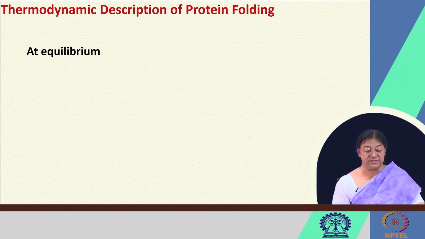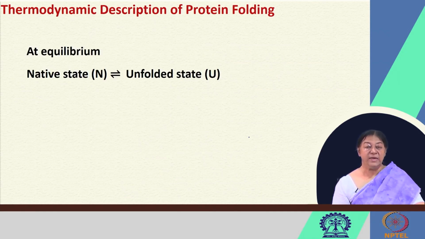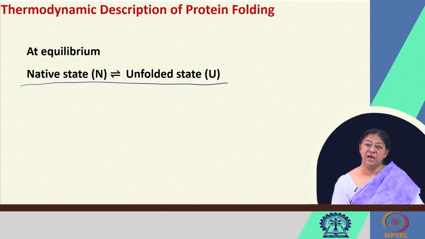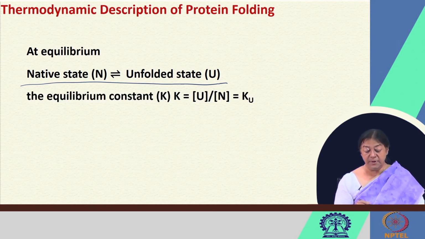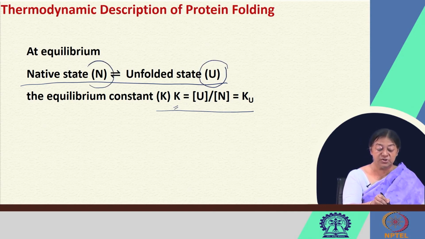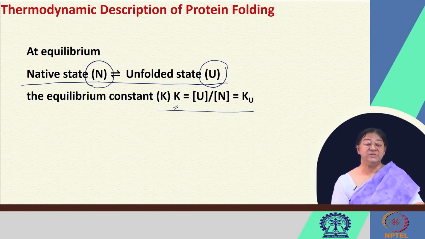So, if we look at this description at equilibrium, we have the native state and the unfolded state. This is the reverse, so this is unfolding that we are looking at, and the equilibrium constant here is the K value that is given by the concentration of the unfolded component divided by the concentration of the native component, which we will see when we look at protein denaturation as well.